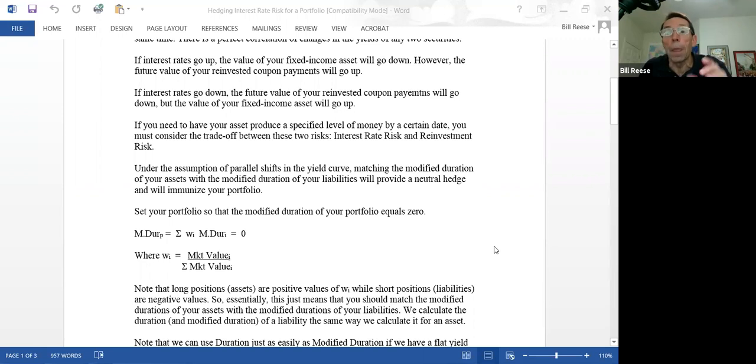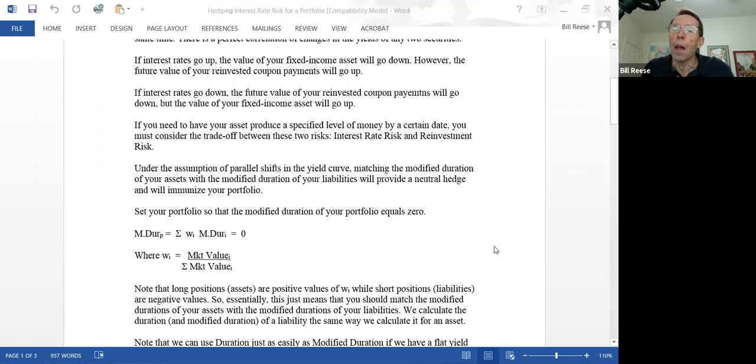Well, that's usually not necessary if we have a large portfolio and we're maybe worried about it changing in value by 5% or 4% or something like that. But if it changes by 1/100th of a percent, that's not a big deal. That's not going to be a problem for us. So oftentimes, if the changes in the yield curve are not exactly parallel, it means we're not going to be completely hedged, but we're probably not going to be that far off of it.